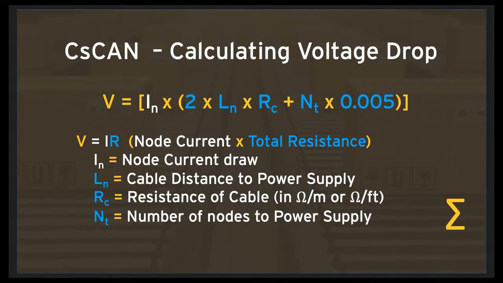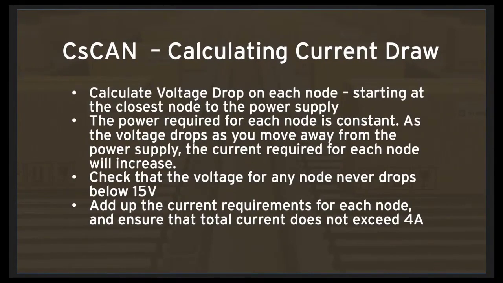So that's where you would use how many nodes between me and the power supply. I'm going to take that number, multiply by 0.005 ohms per drop, if you will, and that will add to my total resistance. And then I'll take my node current times my total resistance after I've calculated that, and that'll be my voltage drop. Looks more complicated than it is. I typically put it in a spreadsheet, and in no time I've got all the calculation I need.